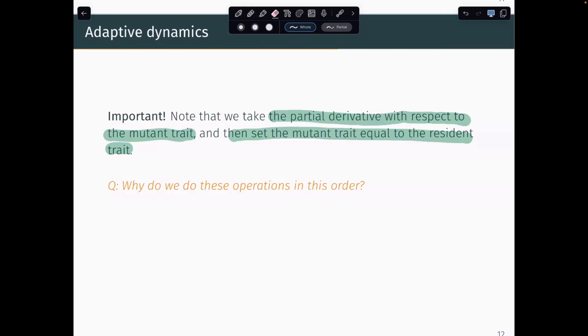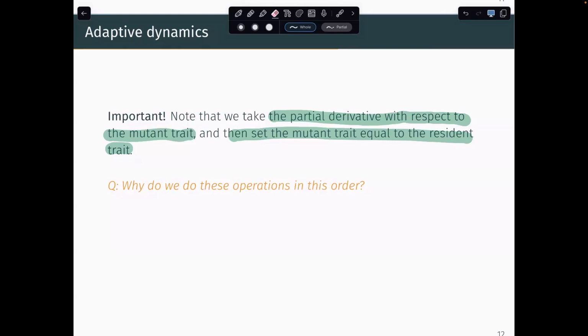For a very slightly different mutant at that point in phenotypic space, is the invasion fitness going to be going up or down if we increase XM or if we decrease XM? So it's telling us, when we're stood at that particular point just before a mutation happens, is the gradient positive with respect to our invasion fitness, or is it negative?